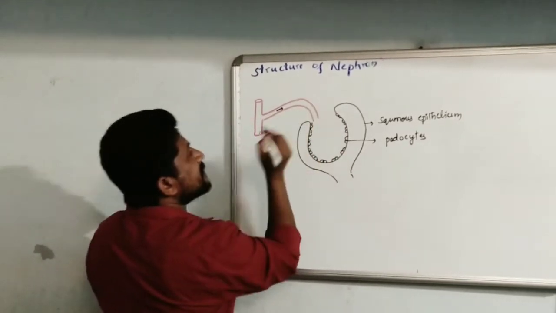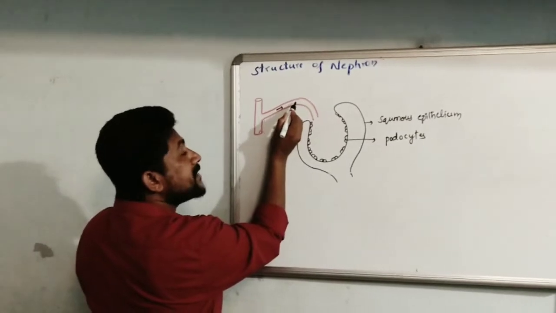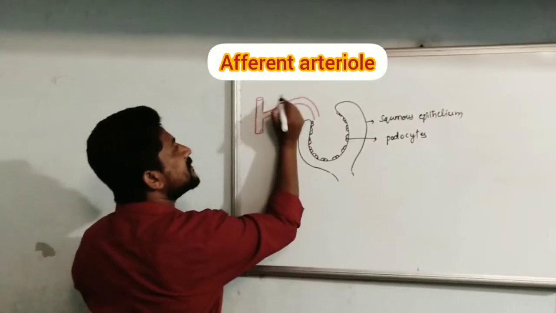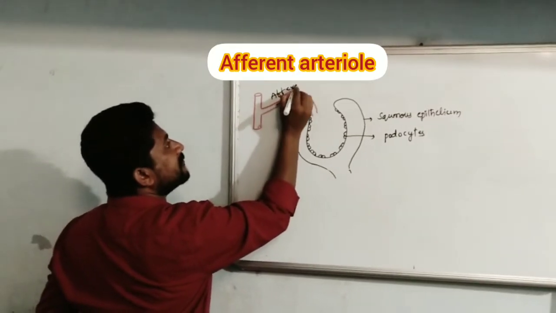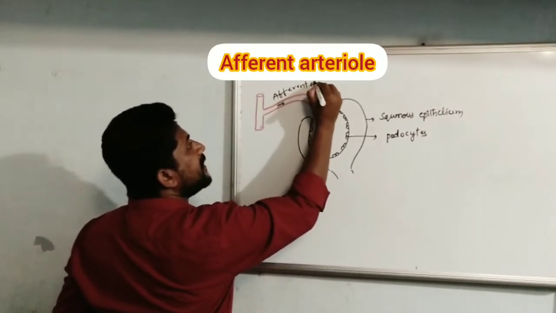This tiny blood vessel, this capillary, is known as the afferent arteriole.